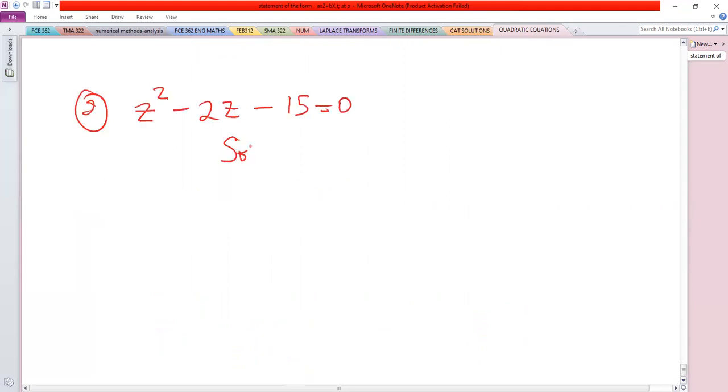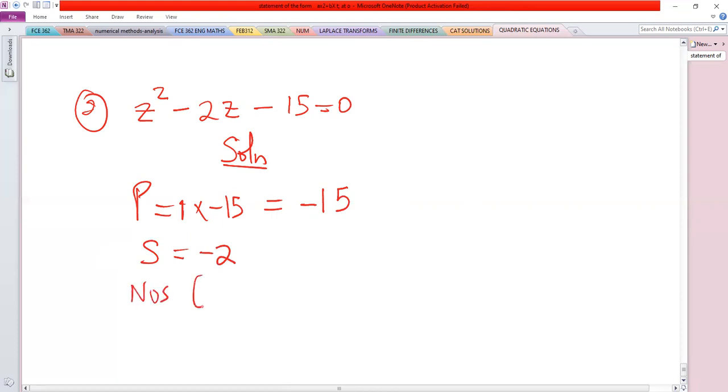So solution here, product is 1 times minus 15, which is minus 15. Sum is minus 2. Now, two numbers, when you add, you get minus 2, and you multiply, you get minus 15, are minus 5 and 3.